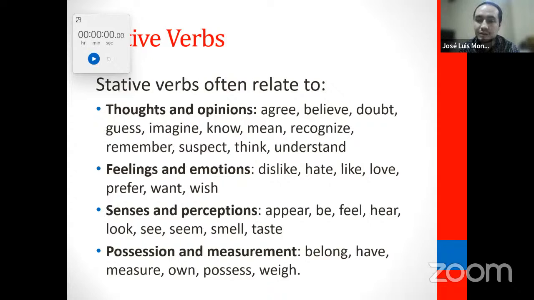In that document on the file, write one example per category, and we're going to check your examples, all right? Let's give ourselves 3 minutes, and we are going to check that one, please. If you have any questions, let me know.